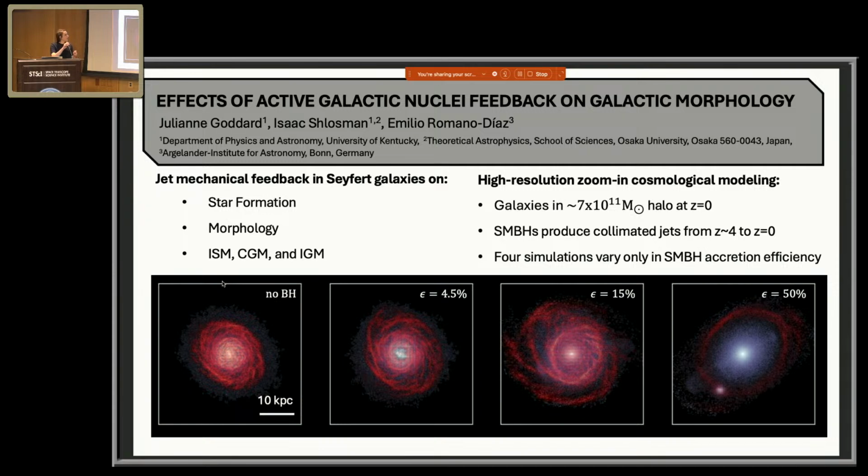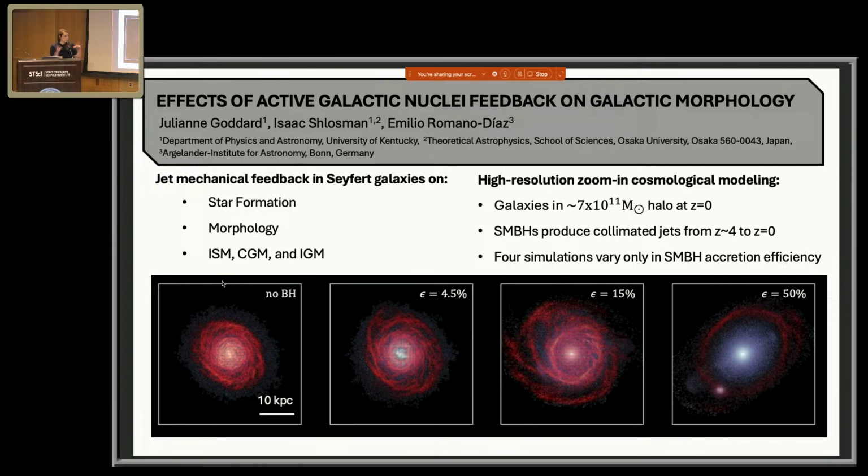Hi, I'm Julianne Goddard. I'm a PhD student from the University of Kentucky. I work with Dr. Isaac Shlosman and Dr. Emilio Romano-Diaz on this project involving the effects of AGN jet feedback on Seyfert galaxies. In the work I'm presenting here, we've run 4 high-resolution zoom-in cosmological simulations on the same galaxy, where we vary only one parameter.